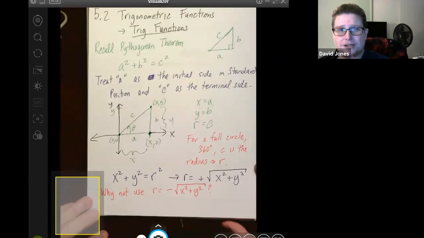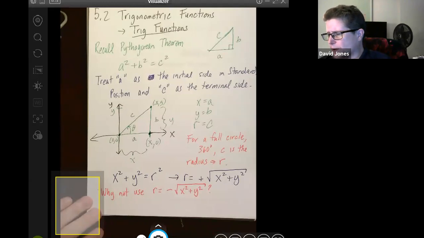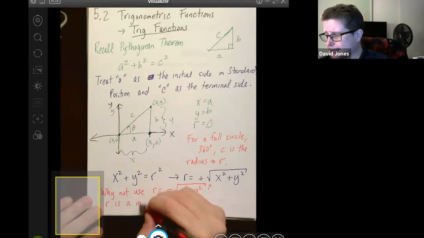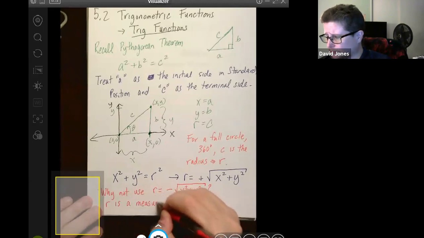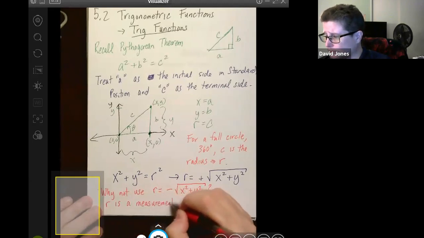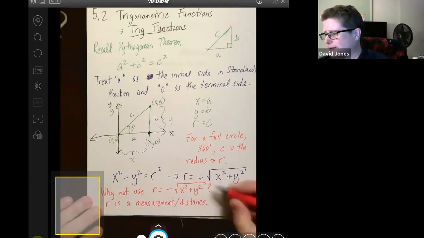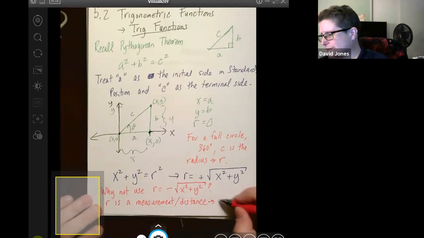Pause the thing if you need to. Try to think about this. Why would we use only the positive one? Well, R is a measurement. It's a distance. And negative distance doesn't make sense.